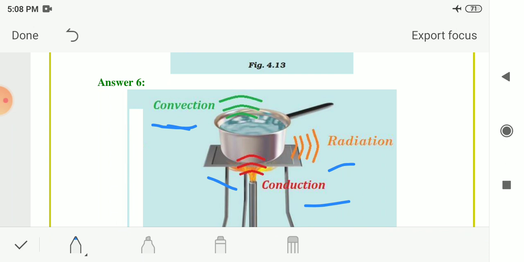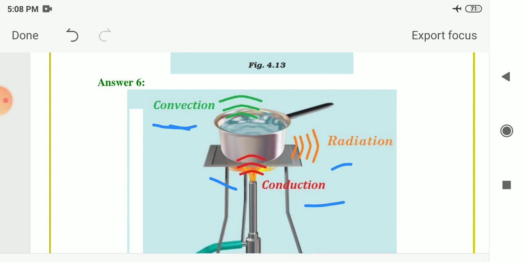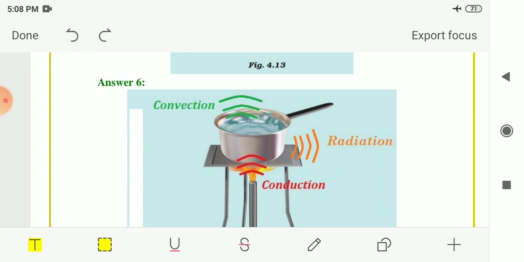So the water gets boiled due to convection, and in radiation we had seen that it is the process of transfer of heat through thermal emission or through rays. So from the flame to the pan, the heat is transferred by radiation. So here it is shown to you the different modes of transfer of heat.